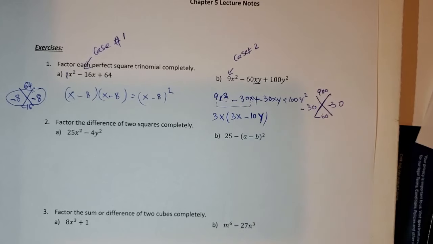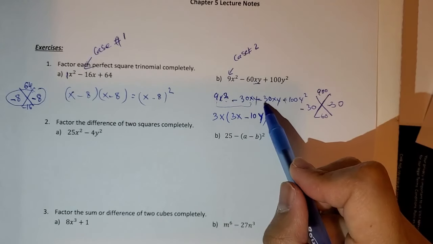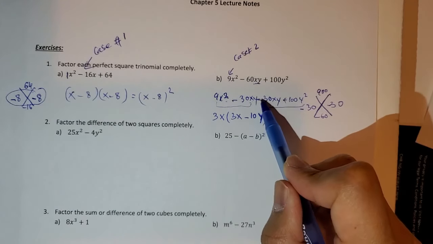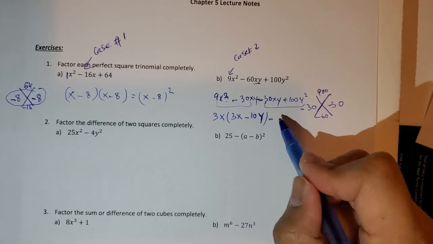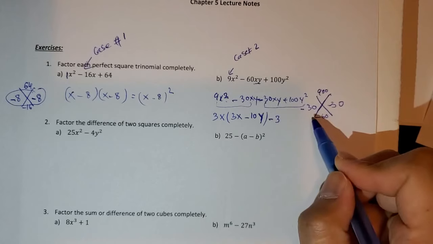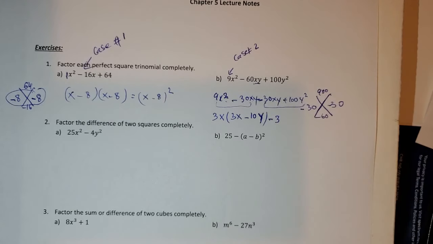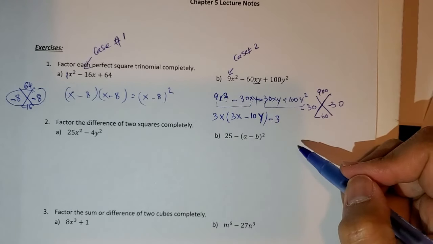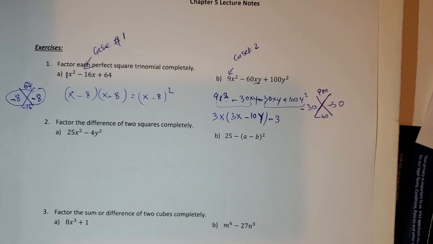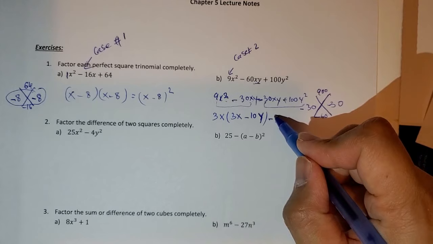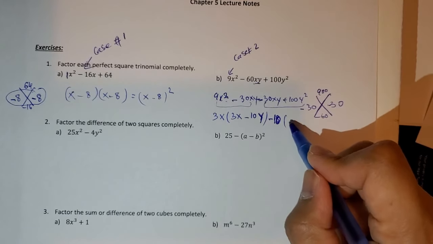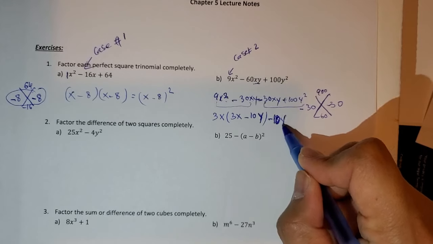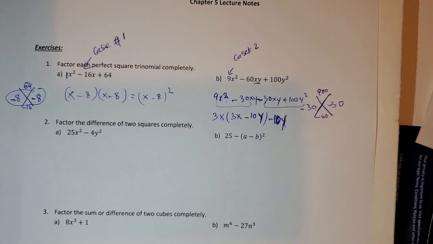Now with the last two terms, since this one is leading with a negative, I have to pull out the negative. Can 100 be divided by 30? No. So I can pull out 10, negative 10, and also pull out y.